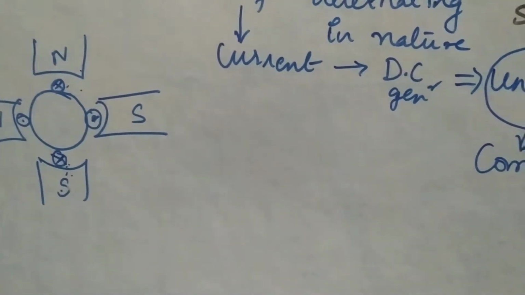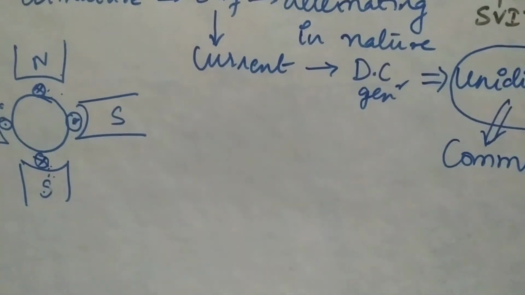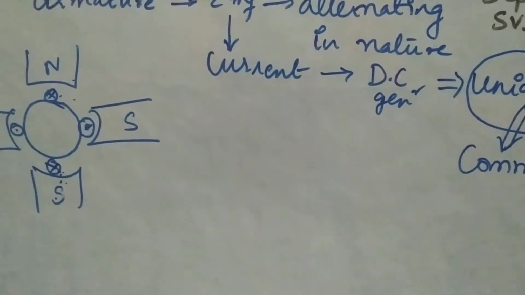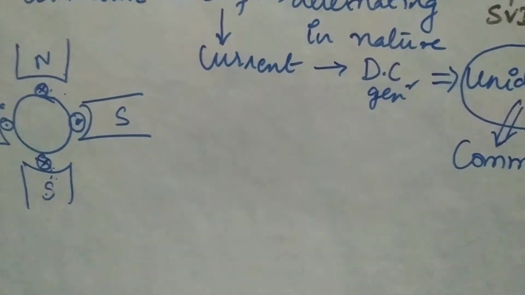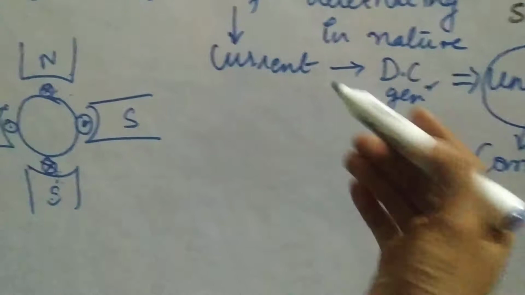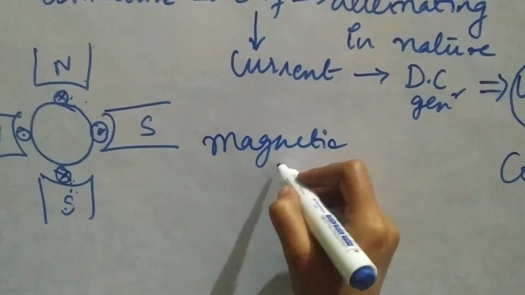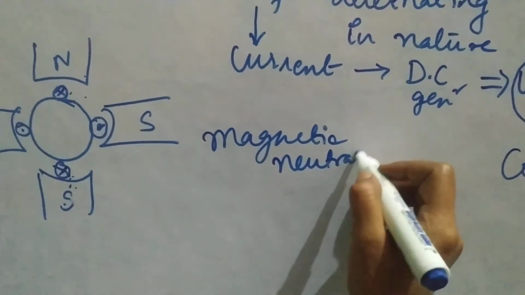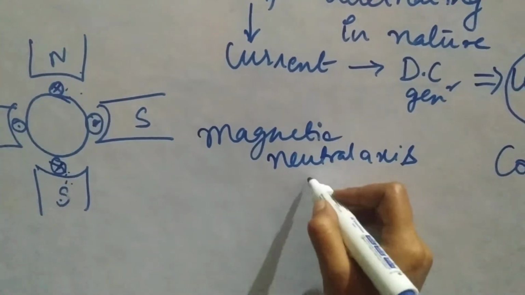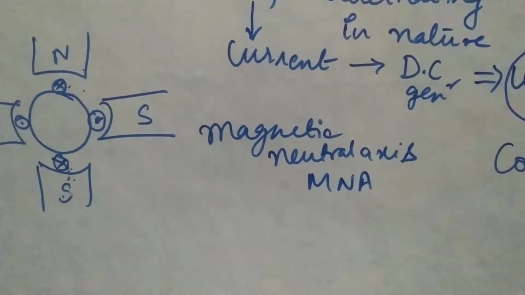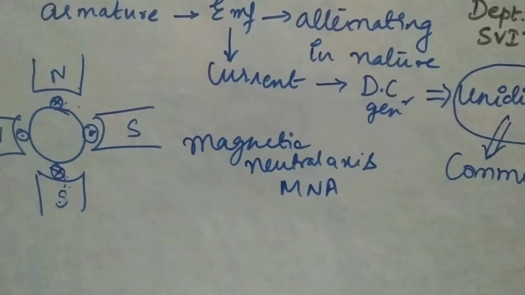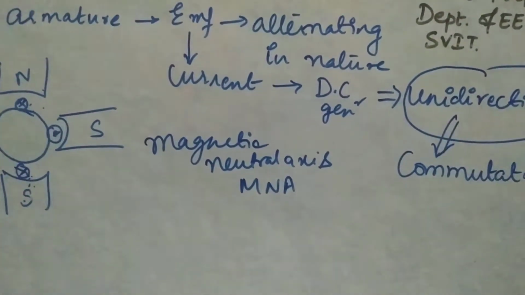That reversal of current takes place along the MNA, that is the magnetic neutral axis, which you have studied in the armature reaction concept.